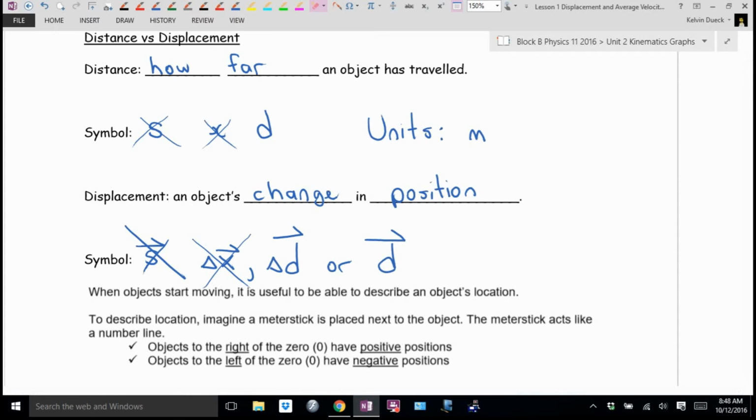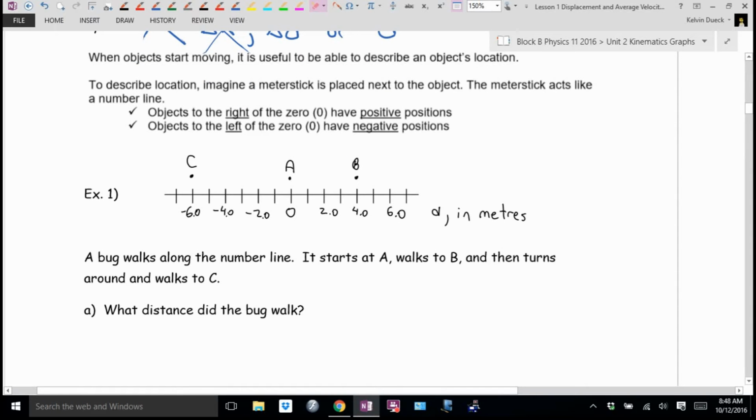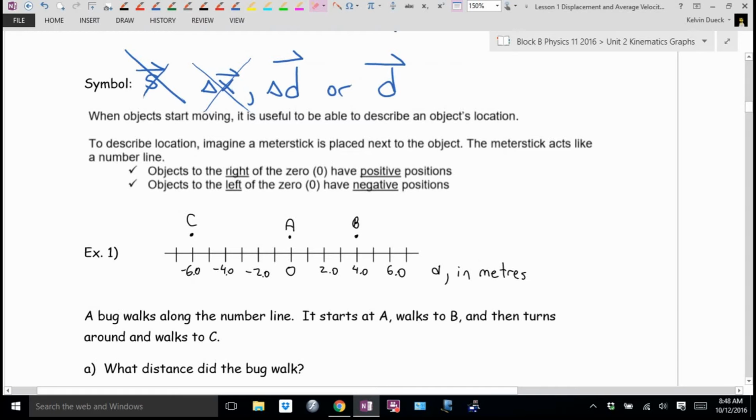When an object starts moving, it's useful to be able to describe an object's position or location. To describe location, imagine a meter stick is placed next to the object, and the meter stick acts like a number line. There's 0. To the right is going to be, Zach? To the left is going to be? That doesn't have to be.